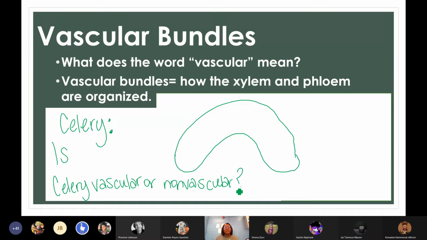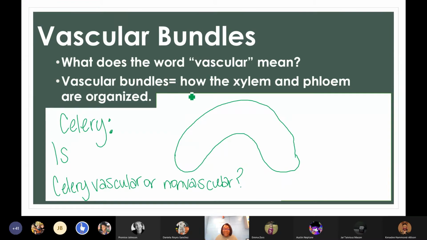Now, before we can answer that question, let's look at how we can find that out. Our vascular bundles help to inform us whether a plant is vascular, that means very well developed, or non-vascular, that means very poorly developed, based on how the xylem and phloem are organized.